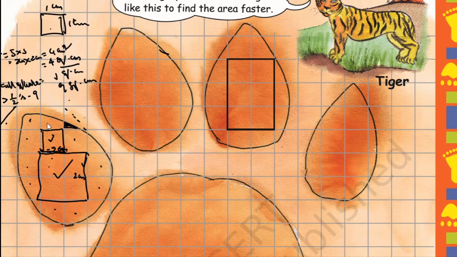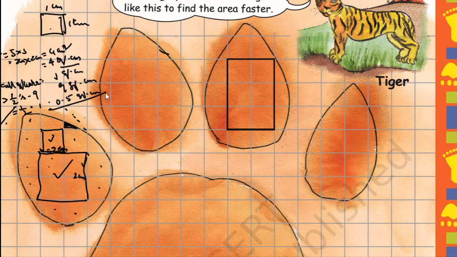So this is half. How many such halves are there? Only 1. Therefore, half means 0.5 square centimeters. You need not consider this 0.5.